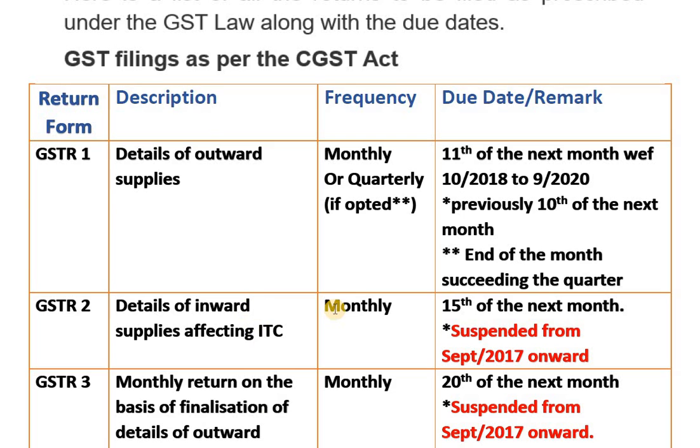Okay, this is monthly. You have to file it monthly, and it is on the 15th of the next month. But this GSTR 2 has been suspended from September 2017 onward. That means up till now, no one is filing GSTR 2. Clear?